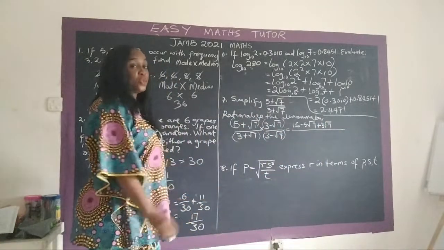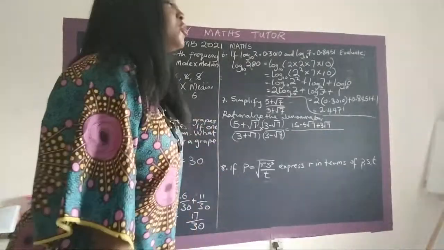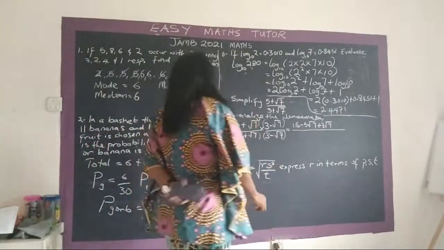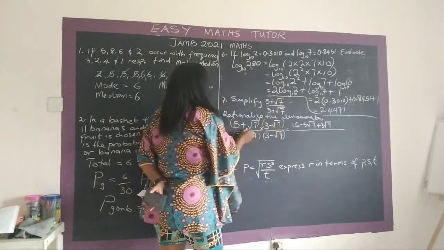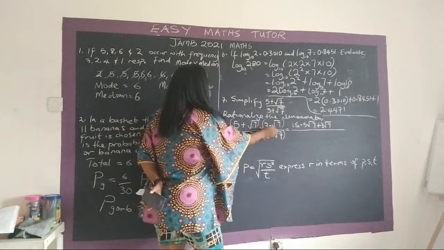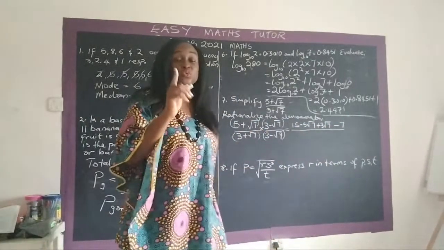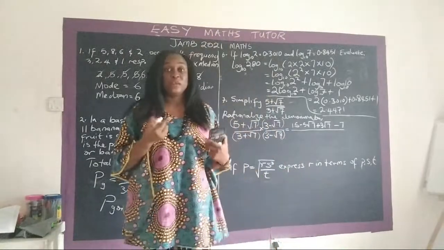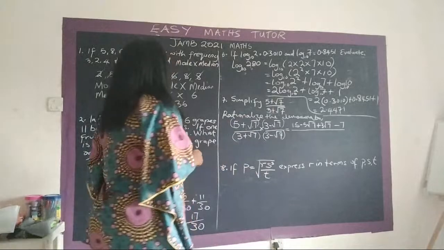A surd, you can't mix it unless you're multiplying it with another root. Root 7 times minus root 7 will give us minus 7. When you multiply two roots of the same number, it gives you that number.